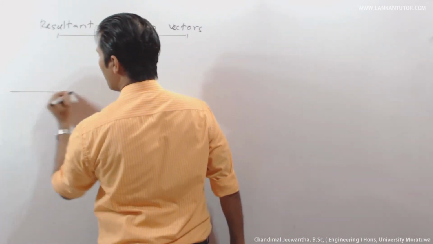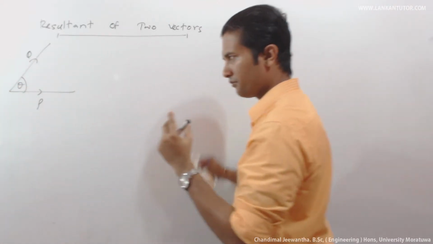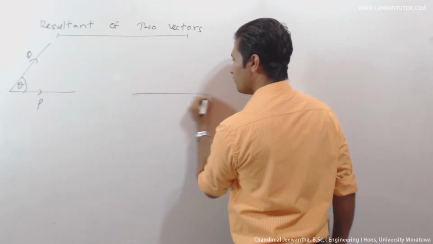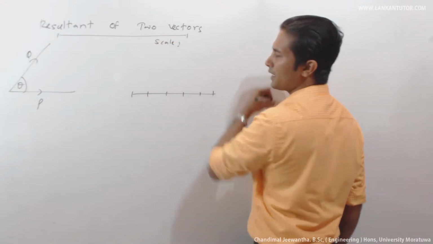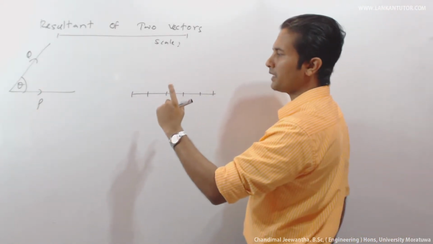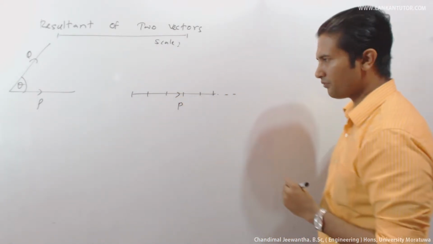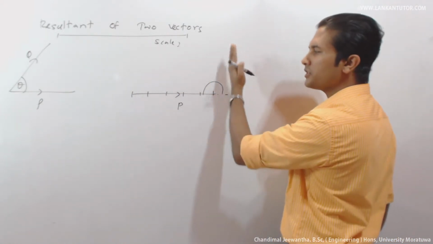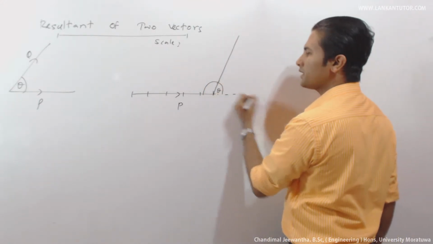In order to use the triangle method, first you have to graphically interpret the vector p using a particular scale. Then the vector q should be graphically interpreted at the final point of vector p, taking the angle as theta towards the anticlockwise direction, just like this.